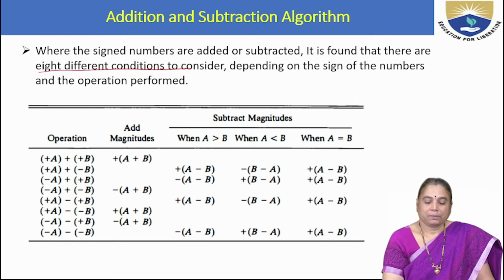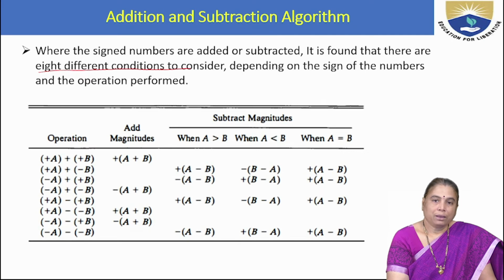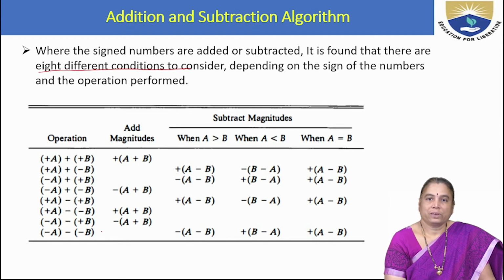Here we are taking the two numbers with their signs, so 4 possible conditions for each operation, 4 into 2, 8 possible conditions to be considered for the algorithm evaluation.